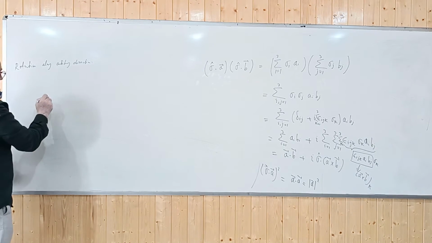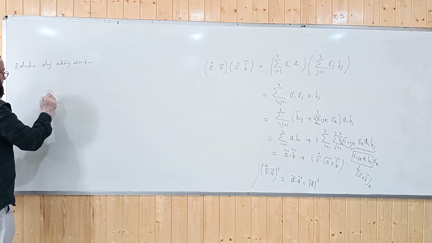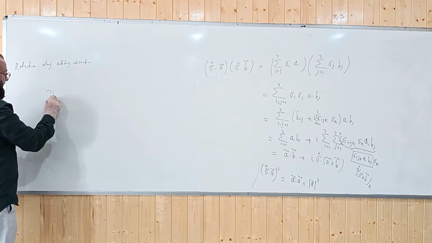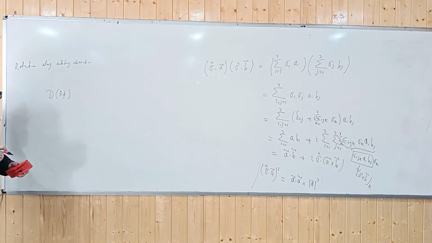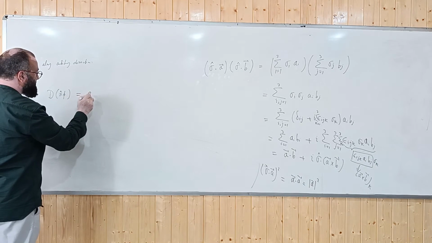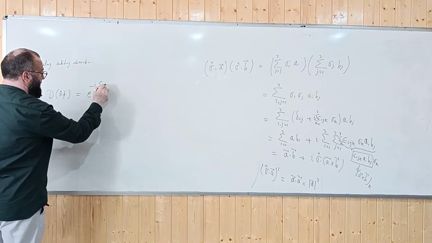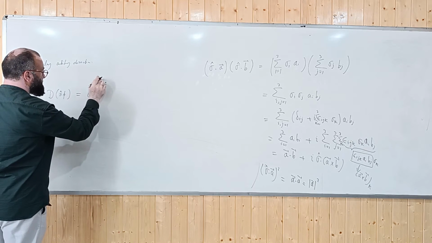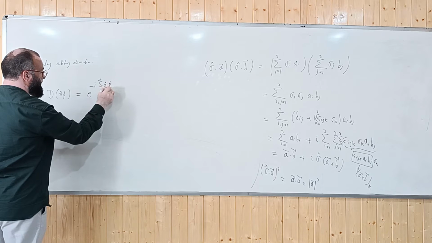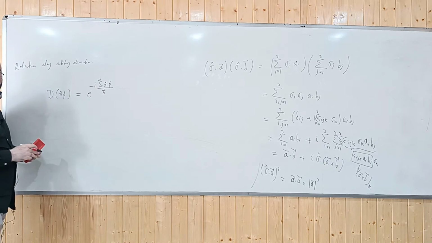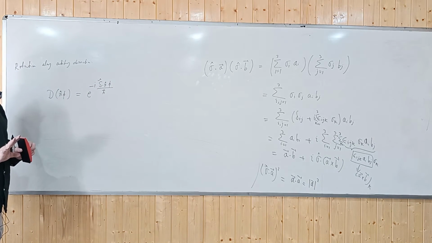So how do I write it now? Rotation through an arbitrary direction is simply equal to e raised power minus I sigma dot n, phi by h cross. Clear? S dot n. So is this a rotation operator now along arbitrary direction?